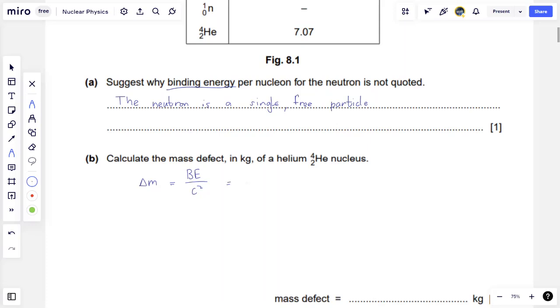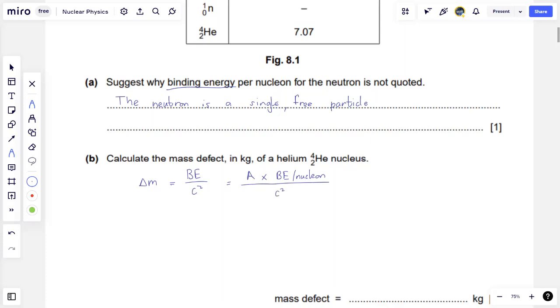Now binding energy is the nucleon number A multiplied by the binding energy per nucleon. If I'm dividing the binding energy by the number of nucleons, and then multiplying it by the number of nucleons, I simply get the total binding energy for the helium-4 nucleus.